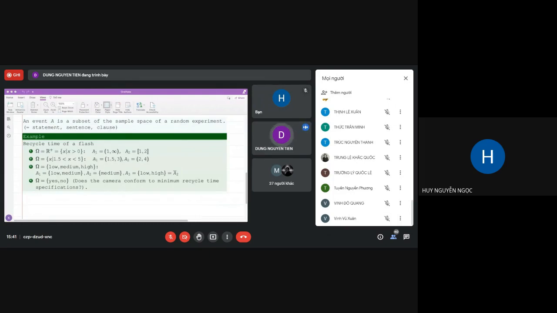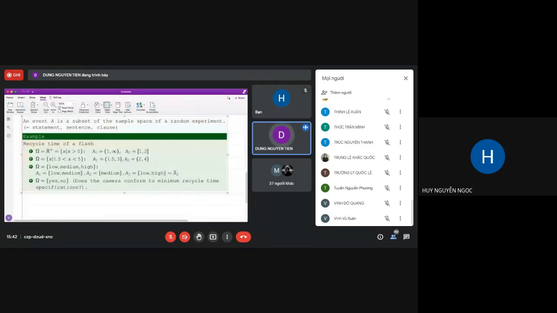Okay, for now, for example, consider the recycle time of a flash. Then when you measure the recycle time of a flash, you can get all positive real numbers, right? Then the set of all positive real numbers is called the sample space of this experiment.